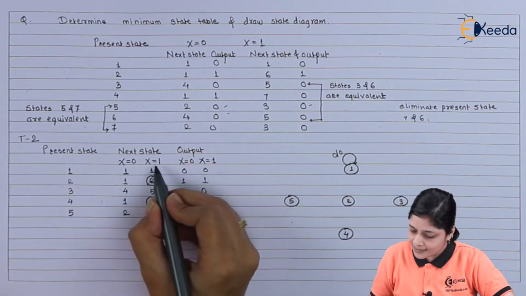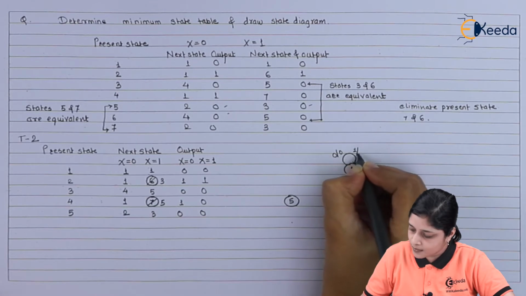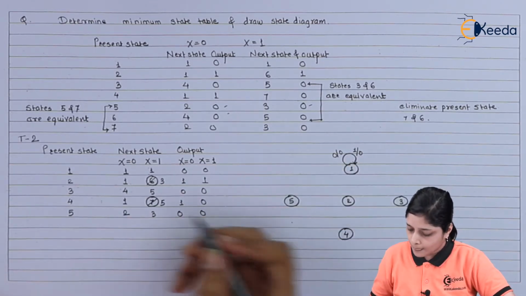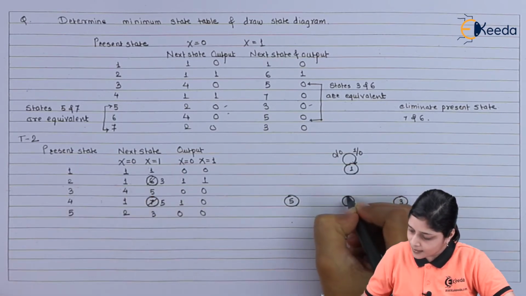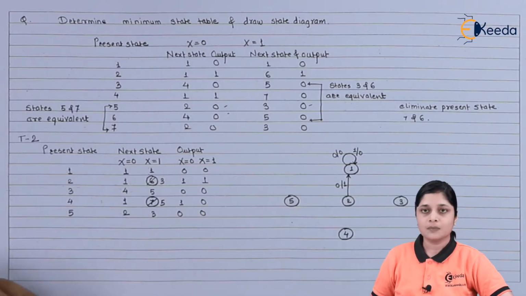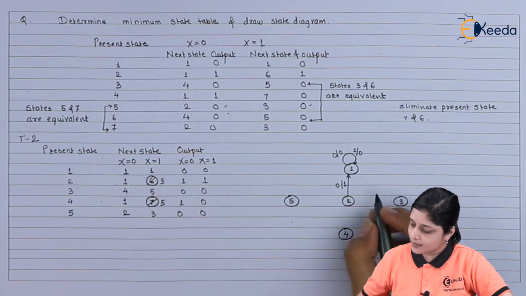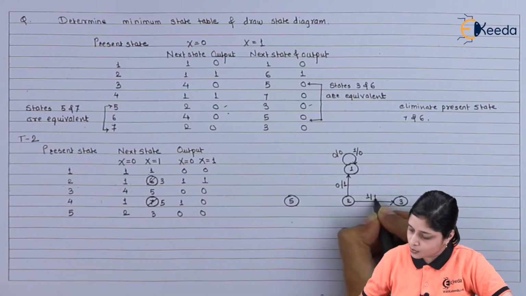When x equals 1, the next state is again 1 and the output is 0. So in this way you have to mention it. Now for state 2, when x equals 0, the next state is 1 and the output is 1. When x equals 1, the next state is 3 and the output is also 1.